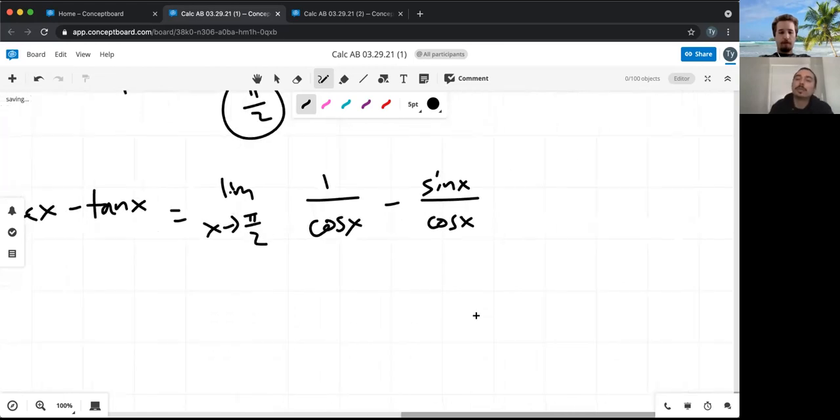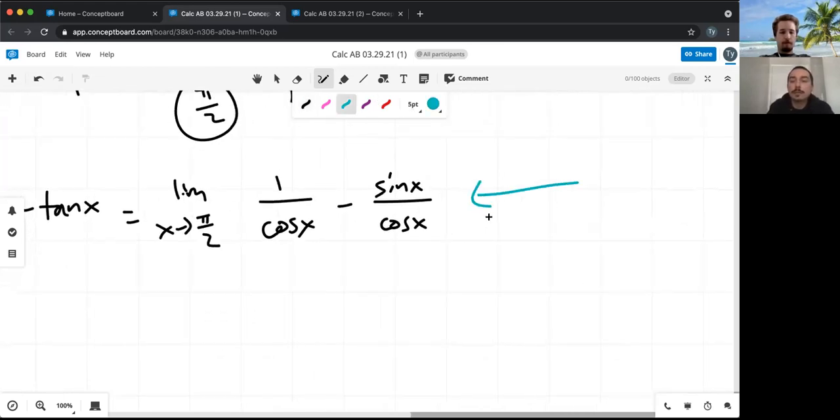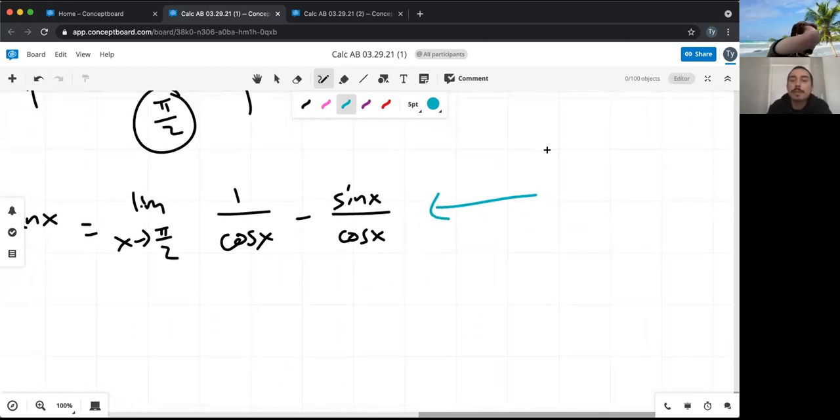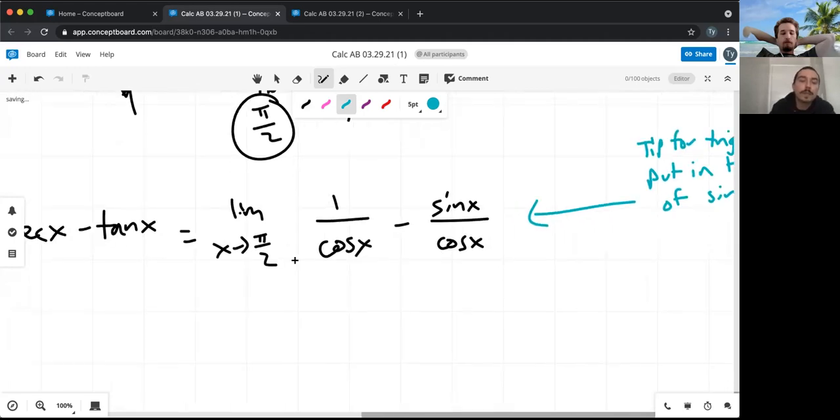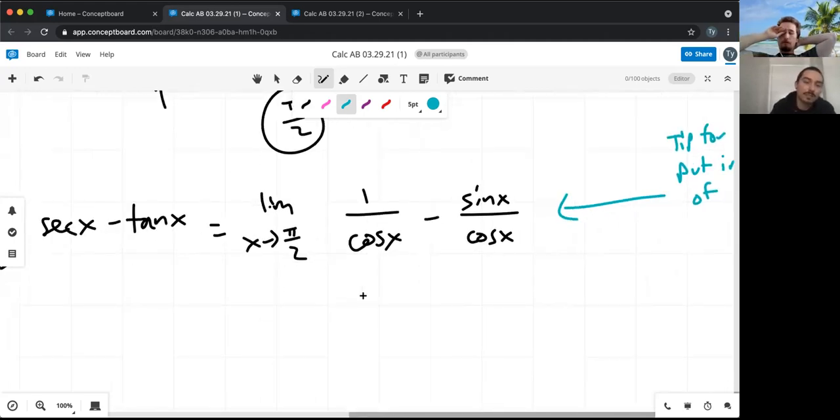And in general, this is a good strategy to remember when you're doing trig stuff. When you're rearranging trig, put it in terms of sine and cosine. It doesn't always help you, but a lot of times it does. Okay, so here we had secant, tangent, we put it in terms of cosines and sines. We know how to deal with cosines and sines.